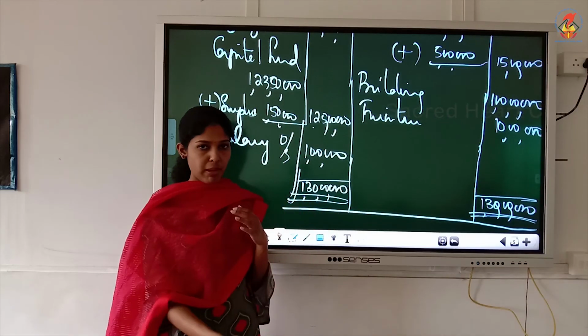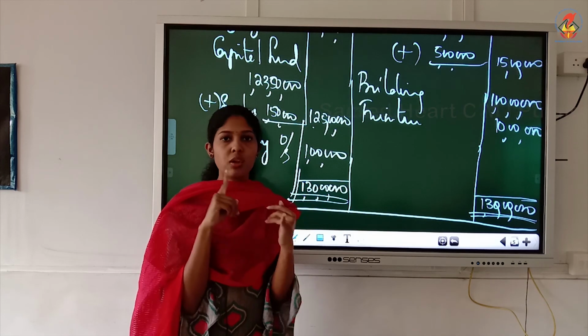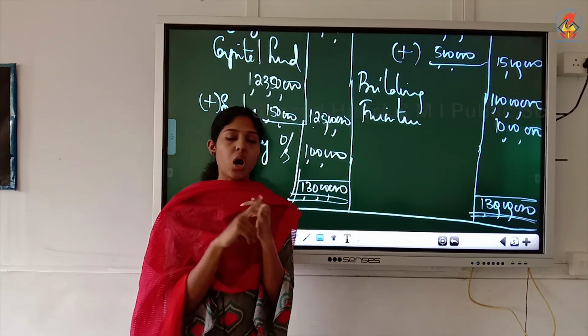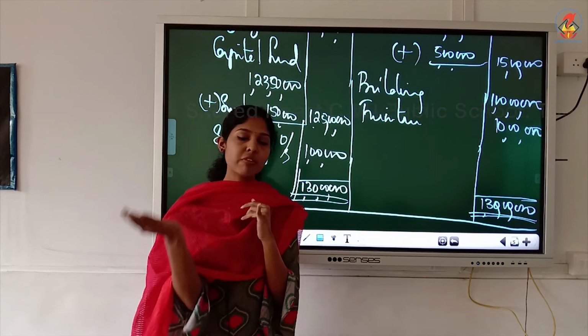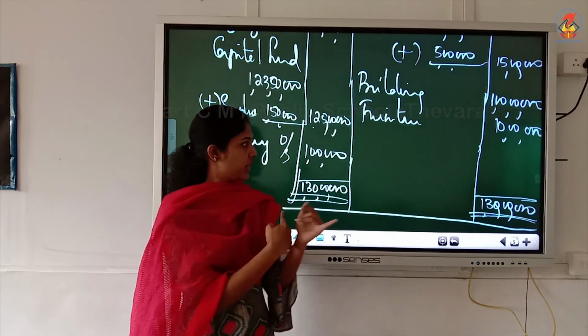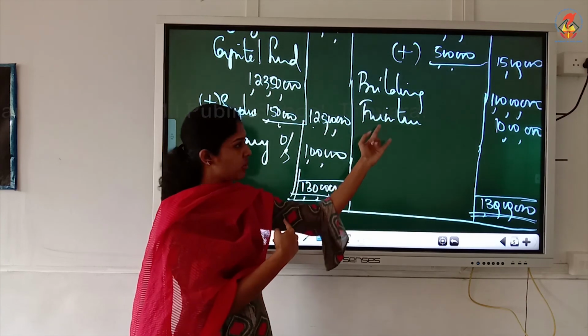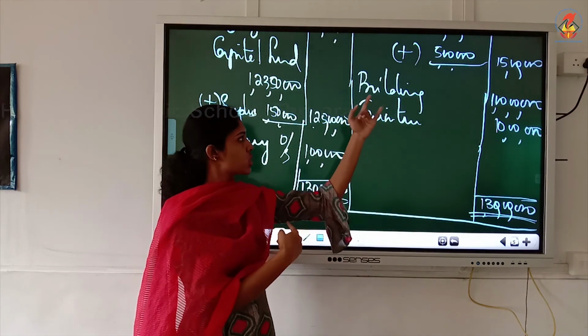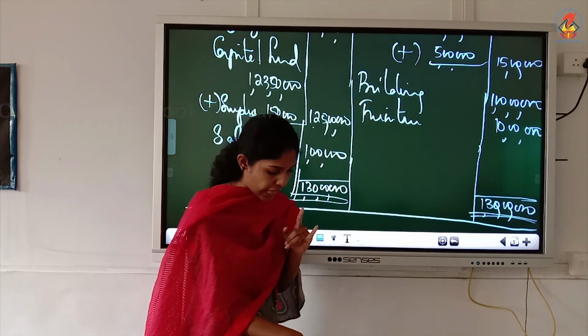So while you do the closing balance sheet, the first step is look into the receipts and payments. All those items we excluded from income and expenditure will come here in the closing balance sheet. Here we don't have any depreciation, otherwise we would have deducted depreciation from building, furniture and books.